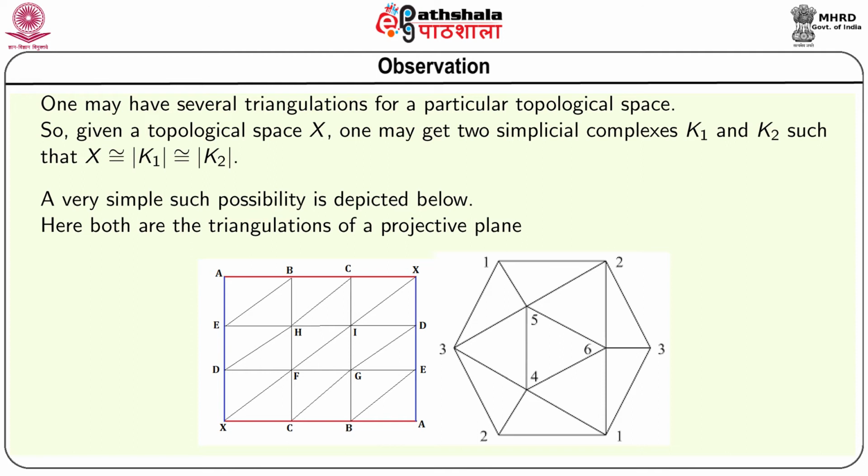Also, we observe that one may have several triangulations for a particular topological space. So, given a topological space X, one may get two simplicial complexes K1 and K2 such that X is homeomorphic to the geometric carrier of K1 and it is homeomorphic to the geometric carrier of K2.